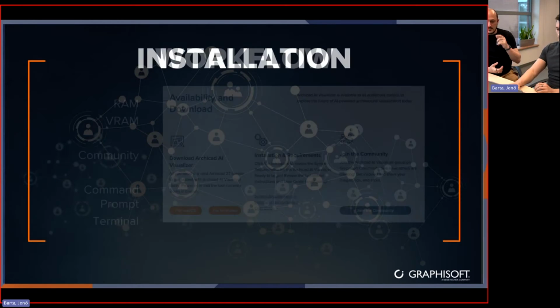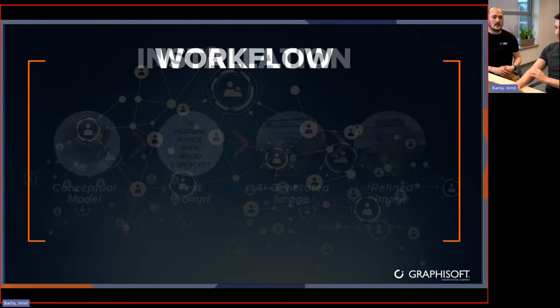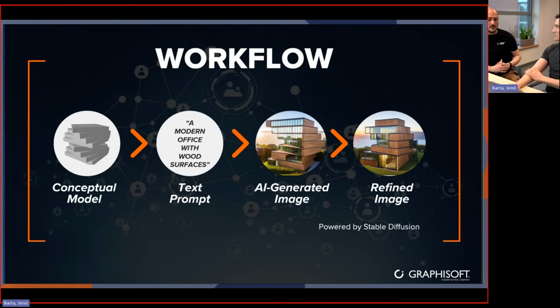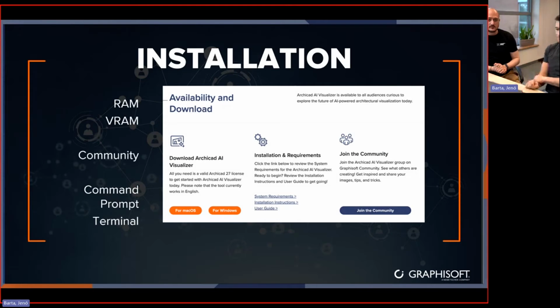So I think now, before we go on and show how it works, the next slide is also very important, because installation is obviously a crucial part of being able to use it. Now, we don't go into the details of the installation now, because we have a good description to follow to install this add-on on your computer, which you can find here on the website.